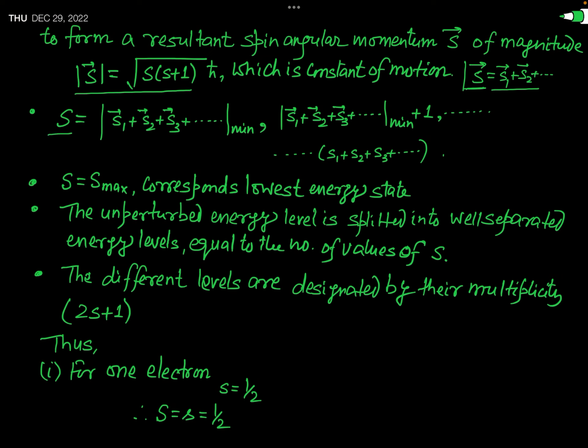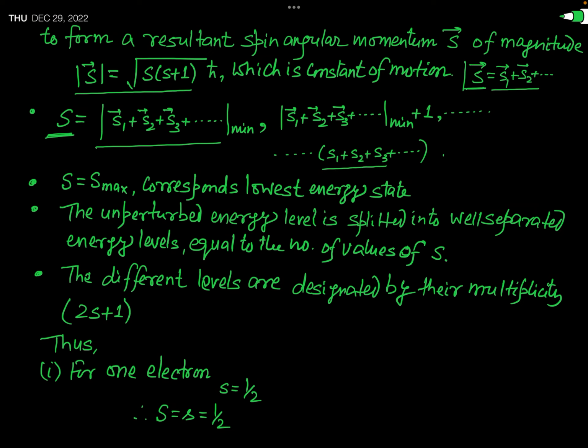First of all, the value of S will lie between its minimum and maximum value. When you find the minimum value of S, then after adding 1 step by step, you will get the other values. The maximum value of this spin angular momentum quantum number capital S is simply equal to S1 plus S2 plus S3 and so on.